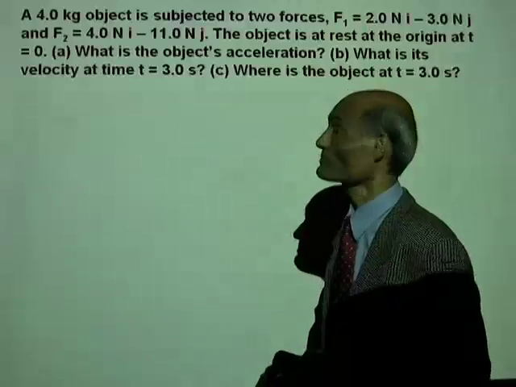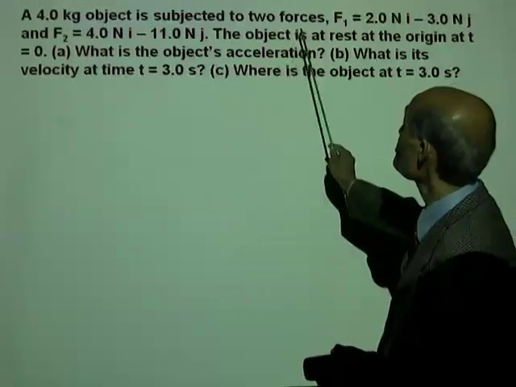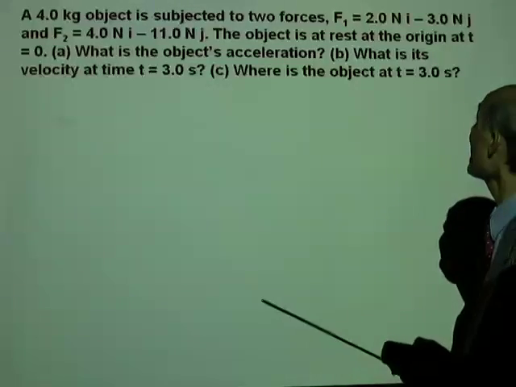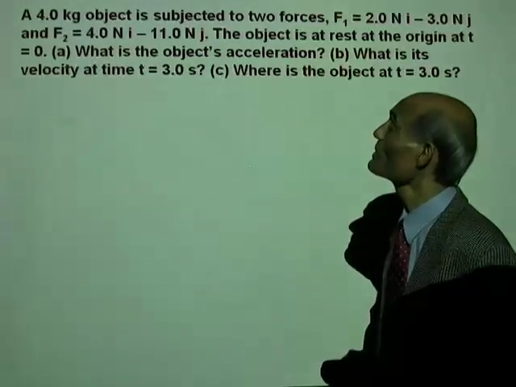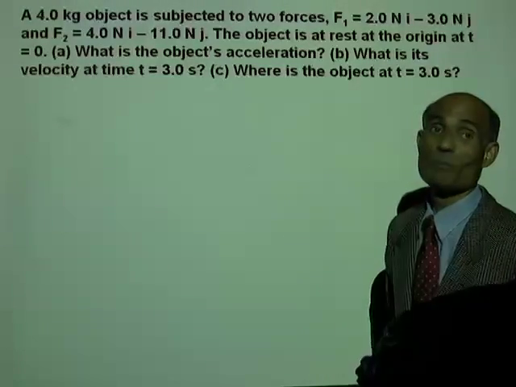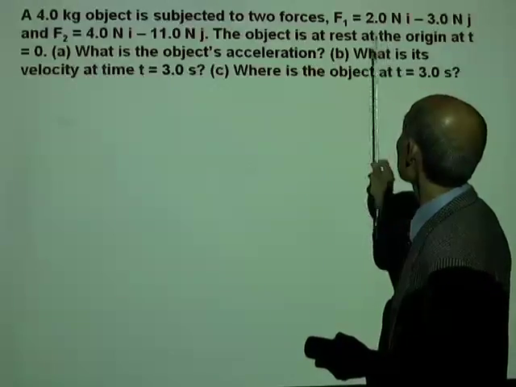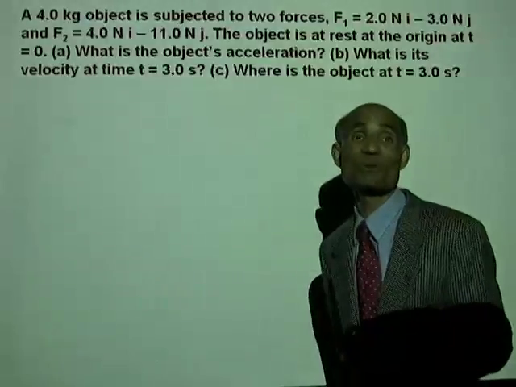Let's do another one. A 4 kilogram object is subjected to two forces, F1 equal to 2 Newton i minus 3 Newton j, and F2 equal to 4 Newton i minus 11 Newton j. The object is at rest at the origin at t equals 0.